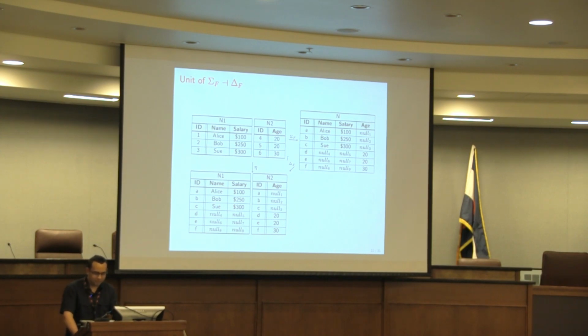Well, the example I'm showing here is the unit of the sigma delta adjunction. So if you start with your data here on the left, and you sigma it forward, like I showed before, and then you delta it back to get onto the same schema you started with, the unit is a data mapping, a morphism of database instances from where you started to where you ended up.